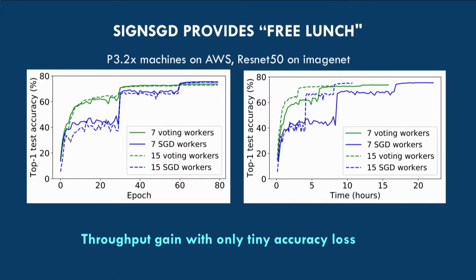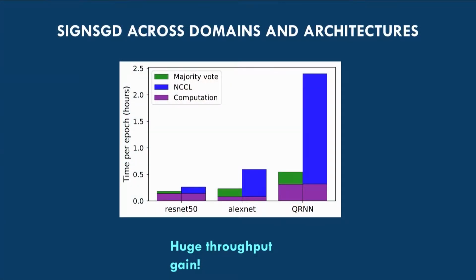At 15 workers, it's about 25%. So you can now have lower communication costs and still not lose in terms of accuracy. And in fact, across other architectures, we've seen a lot of promise. For instance, for language tasks with the QRNN, we found an even bigger speedup in communication compared to NCCL. By the way, all these benchmarks were comparing to NCCL, which recently got open sourced from NVIDIA.